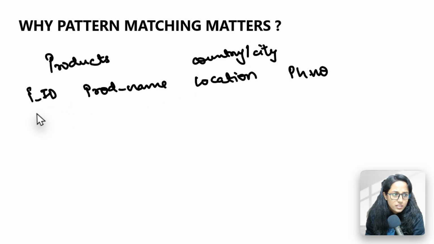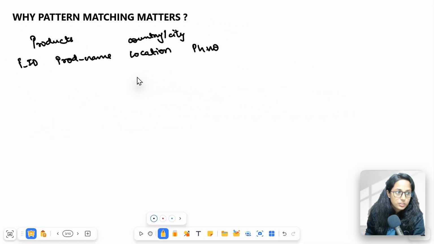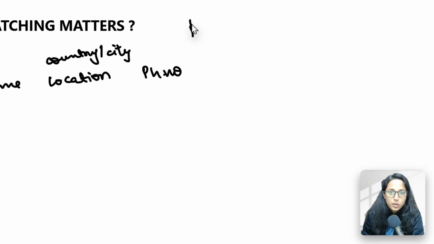Okay, I guess these four attributes are fine so far. So when I say a product ID, the product ID will be a unique ID for any of the entities. As you know, we have this product ID as a primary key here.